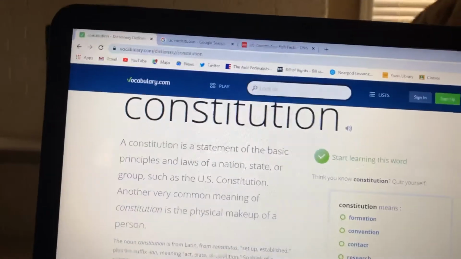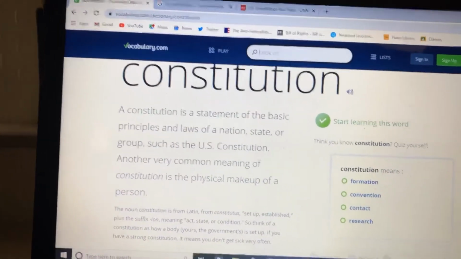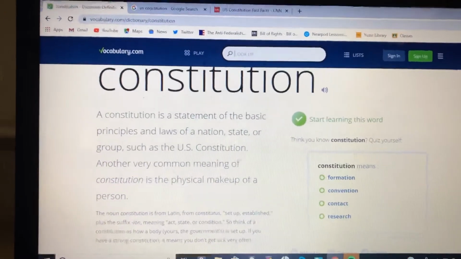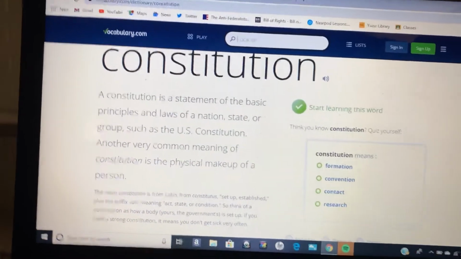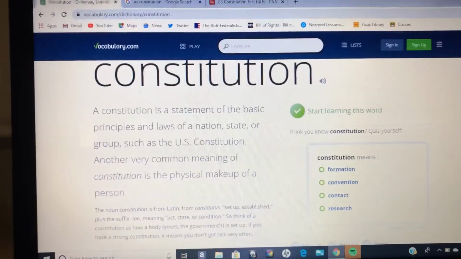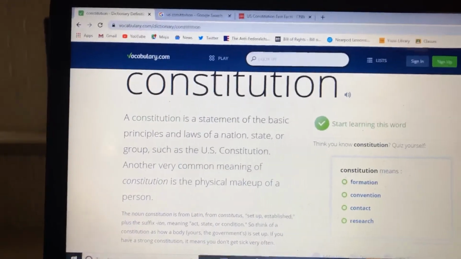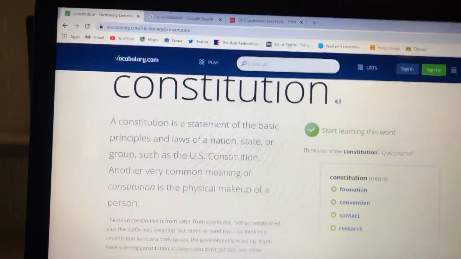You can break it up into constitute, and then add on the ion, constitution. It's important to understand this because constitution pops up a lot in our history class. You'll also see a lot of words that end with ion, revolution, reformation.